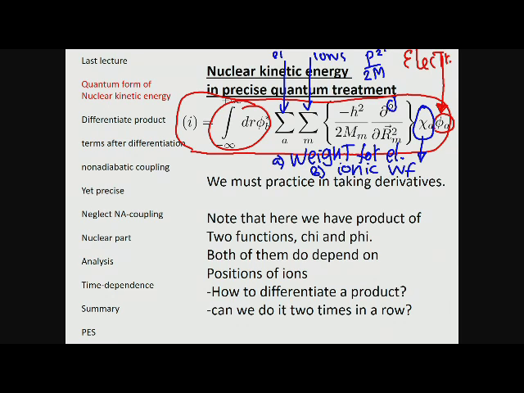And it does have the derivative over positions of ions, d over dr. And last time we agreed that d over dr is the operator of momentum, right? And if you have momentum squared, then it will be the second derivative over the position.